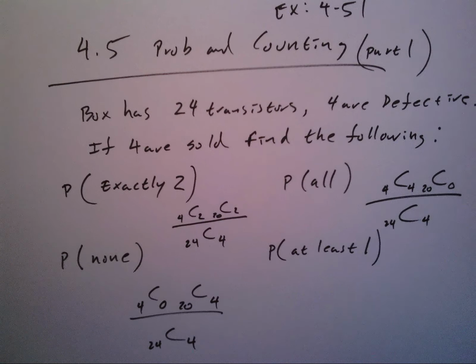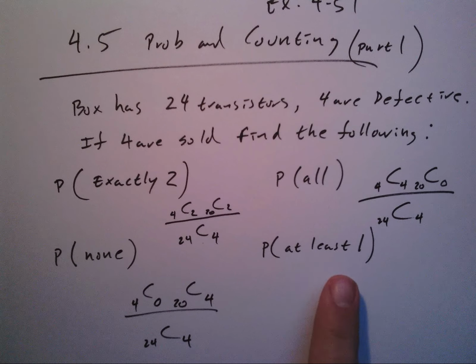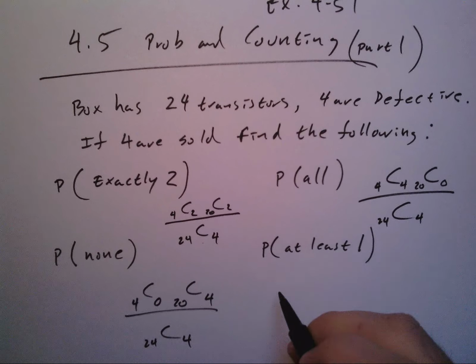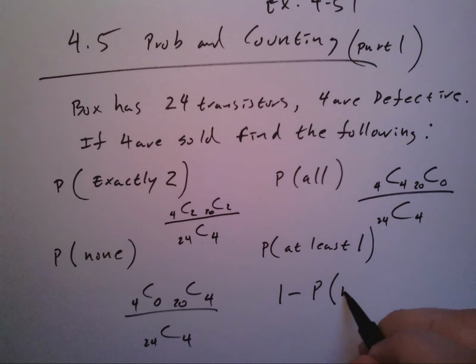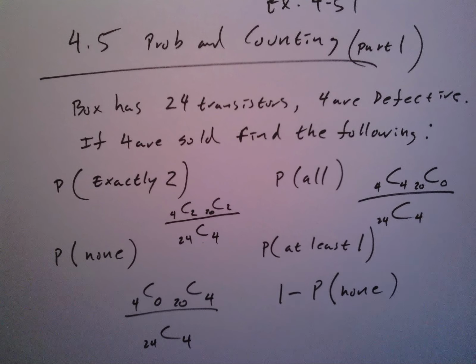Now, when you have at least, normally it's easier to do the complement, because at least would mean 1 is defective, or 2 is defective, or 3 is defective, or 4 is defective. So I'd have to add all those up. So it's easier when you have at least, most of the time, to simplify your work and do 1 minus the complement. So the complement of at least 1 is none are defective.